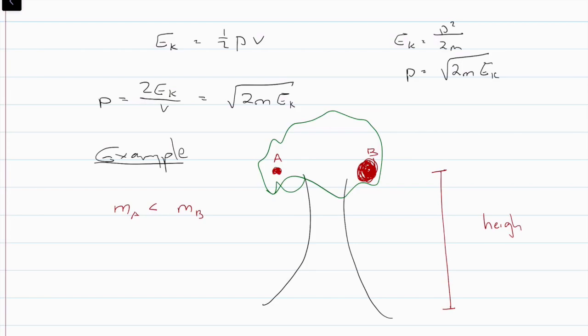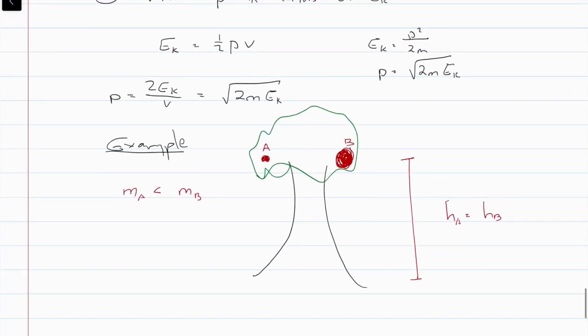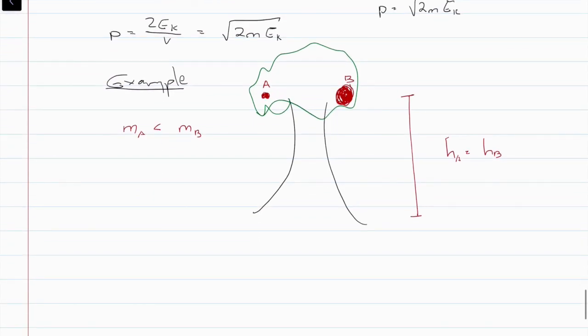The height of A is equal to the height of B. When they hit the floor, their momentums are equal. So at the bottom, the momentum of A is equal to the momentum of B. This is all given information. Everything I've written so far is given.